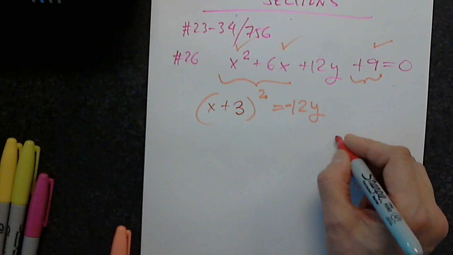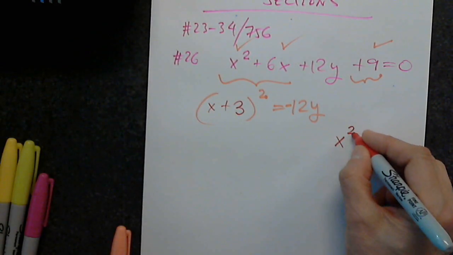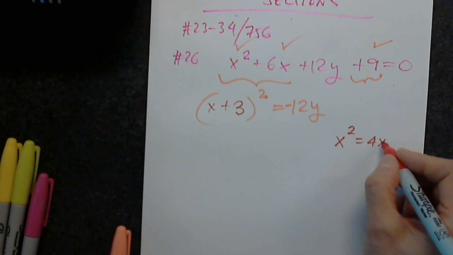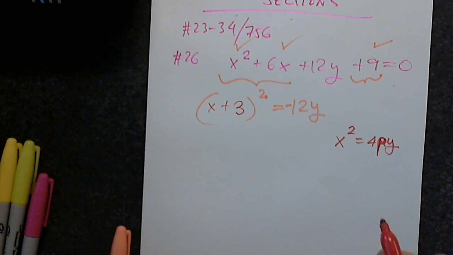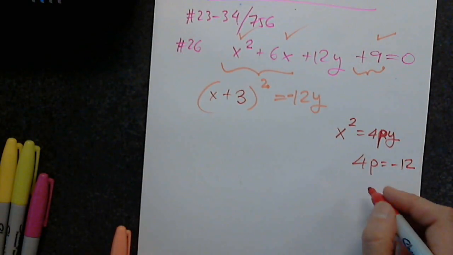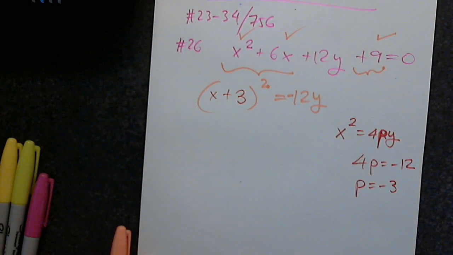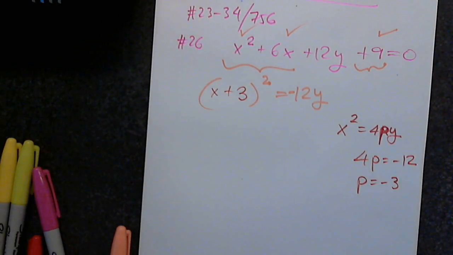So remember the standard equation with no shifts up and down, left, right, is this. So obviously 4p equals negative 12. Obviously p equals negative 3. Because it's x squared, how does it open?